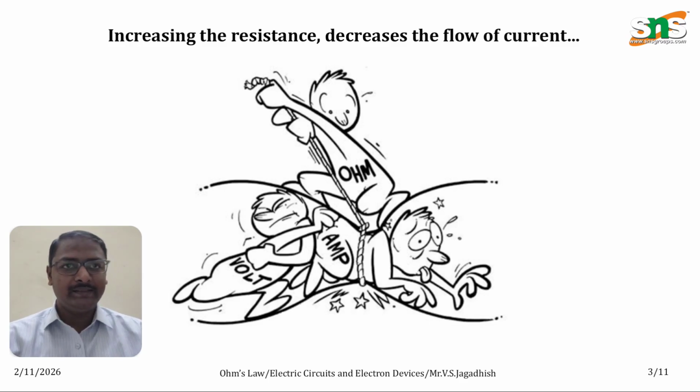This diagram looks fun when you are learning Ohm's law, where it shows the work of a resistance in a circuit. Resistance is measured in ohms, which you can see on top of the voltage and ampere.